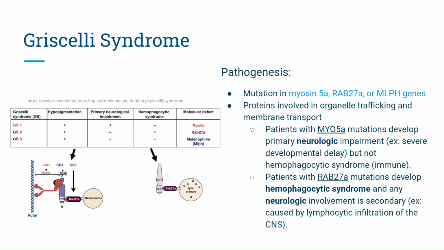What you'll notice is patients with the myo5A mutation have a primary neurologic impairment, but not so much the hemophagocytic syndrome, while patients with the RAB27A have the hemophagocytic syndrome and rarely develop neurologic involvement. And if they do, it's usually secondary, so it's caused by lymphocytic infiltration of the CNS.